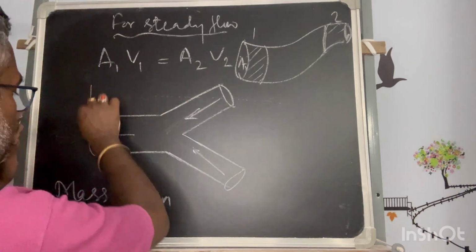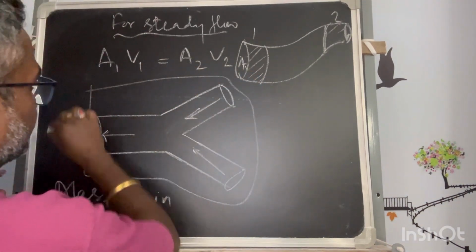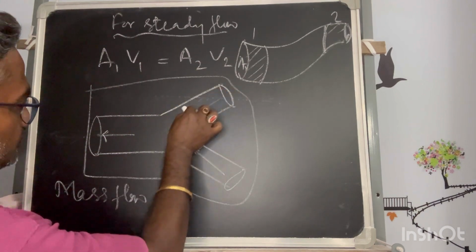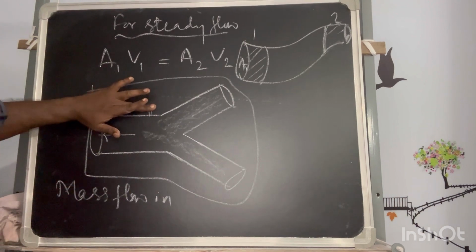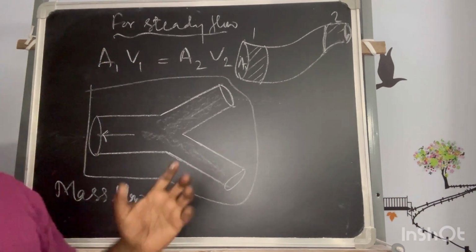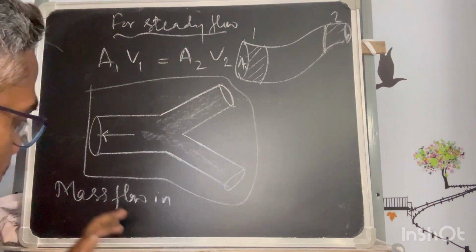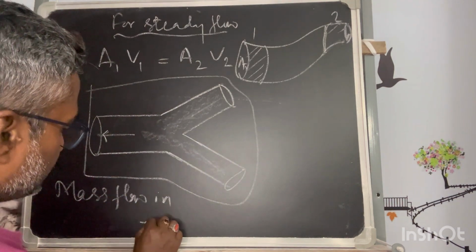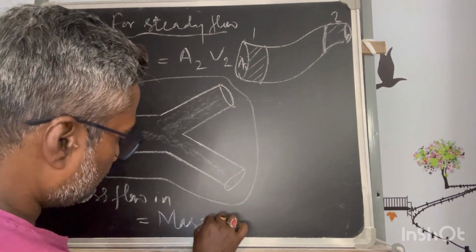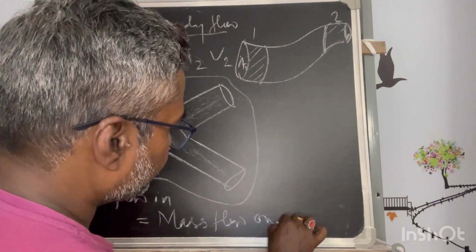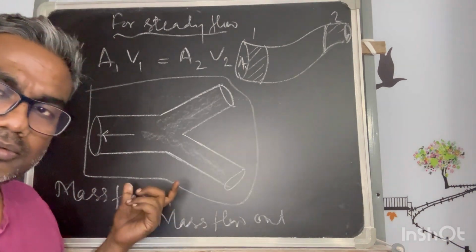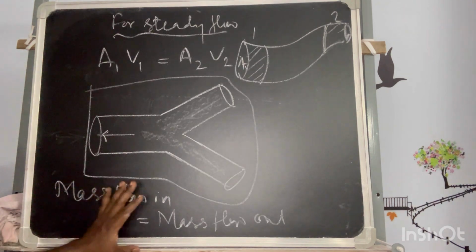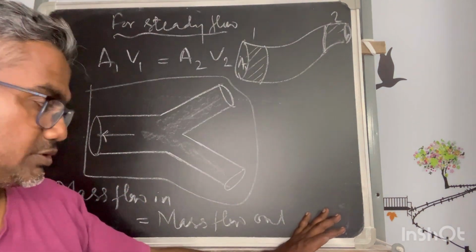This means if this is a system, there is no mass loss from this zone, no leakage outside. In that condition, mass flow in is equal to mass flow out. It does not mention how many paths will be used for this formula.